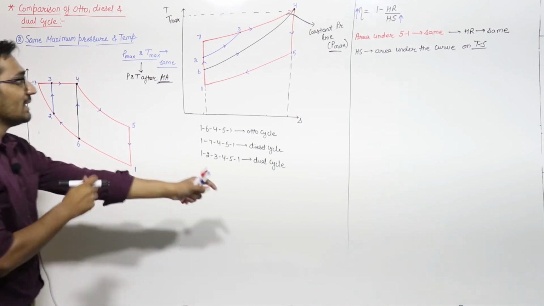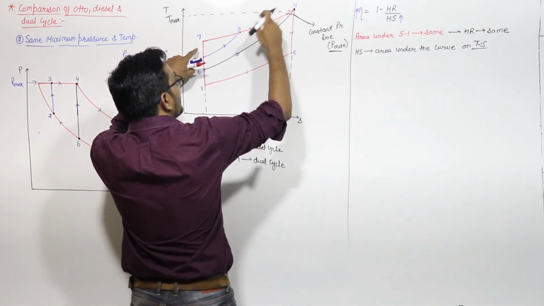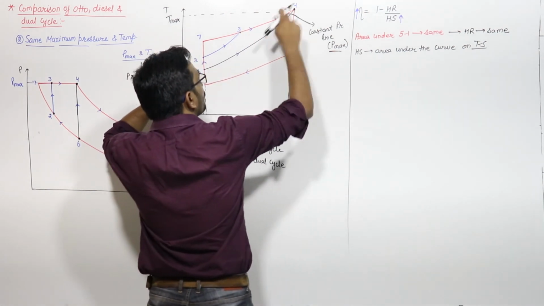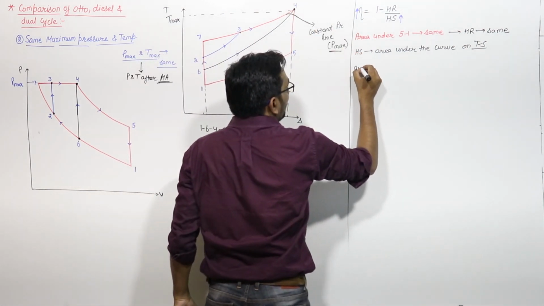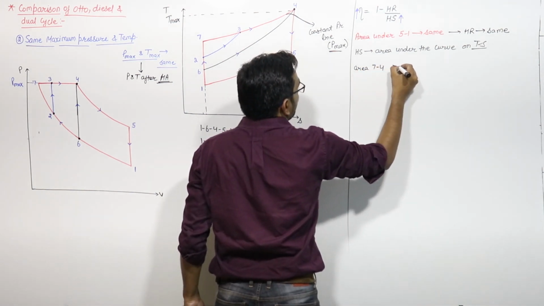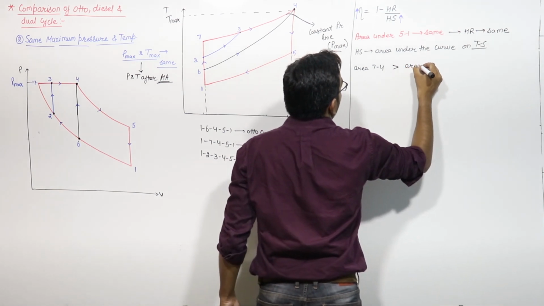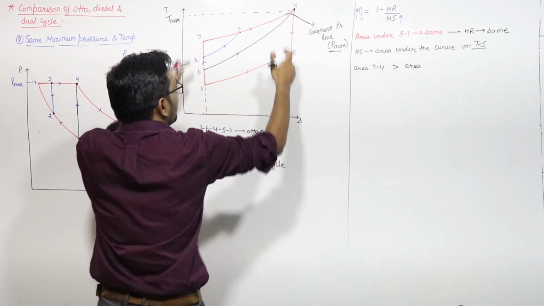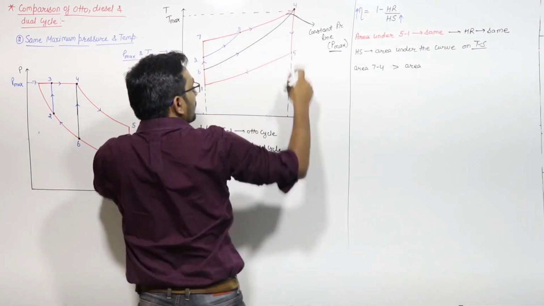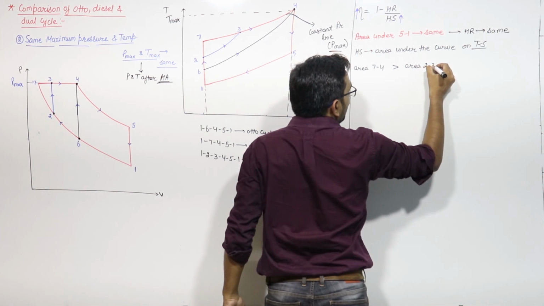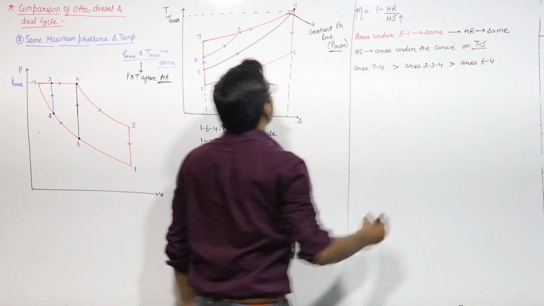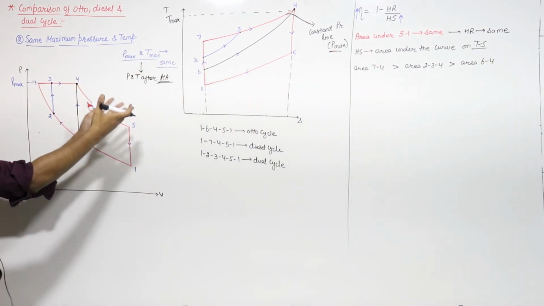This is the heat addition, 7 to 4, heat addition 2 to 3, 3 to 4, and heat addition 6 to 4. Now you can see that the area under the curve 7 to 4 is more than the area under the graph 2, 3, 4, and this will be more than the area under the graph 6 to 4. This is simple, you can visualize from here.